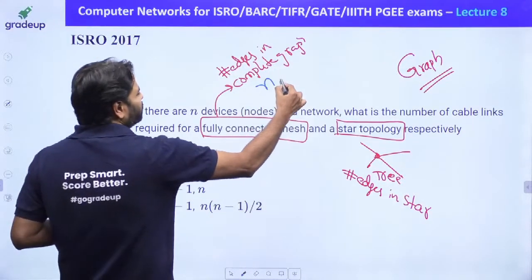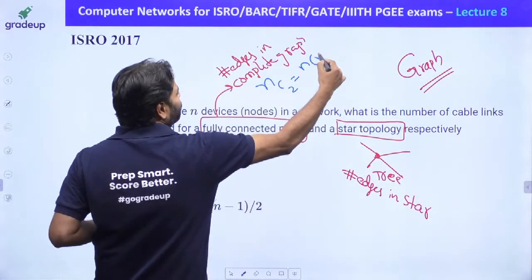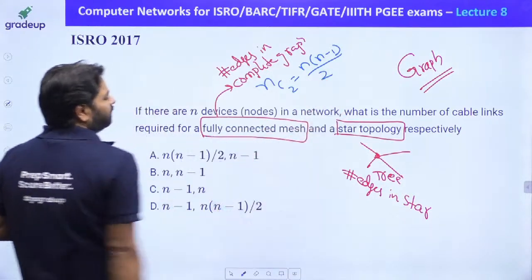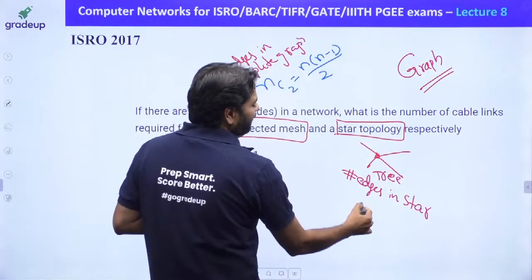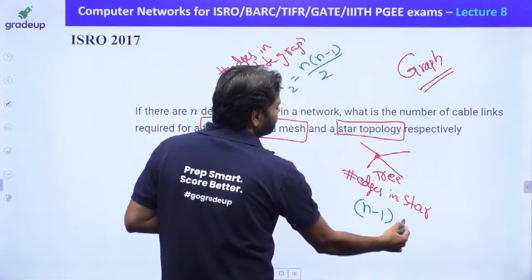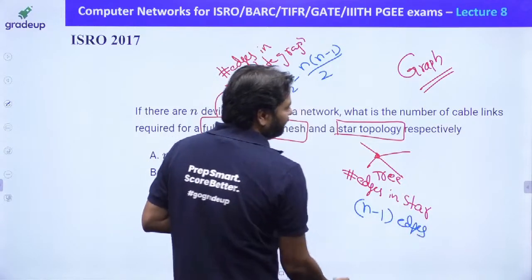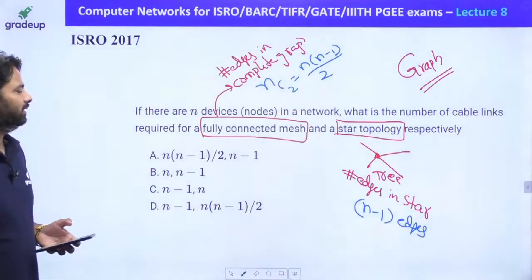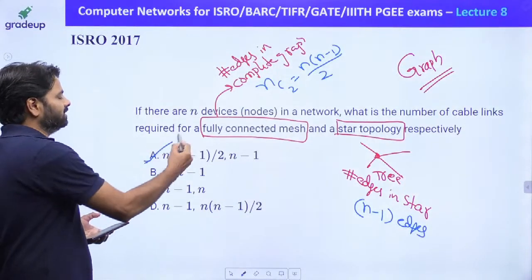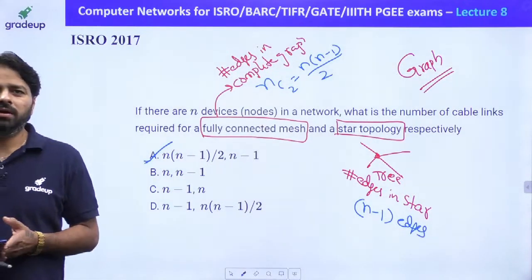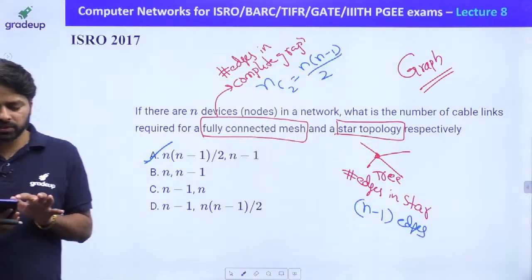Yeah, NC2, or you can say n into n minus 1 by 2. And this one you can say n minus 1 edges, nothing but n minus 1 lines. Yeah, you can choose A is the right answer. Correct, correct. NC2. Yeah, it's a very easy one.